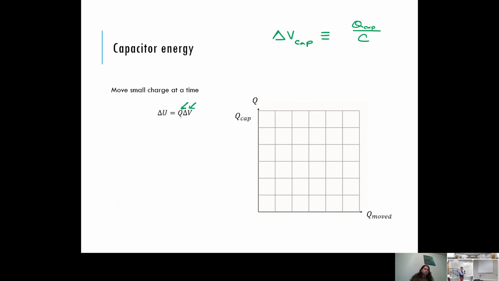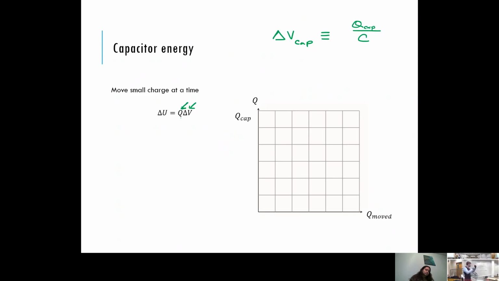Quick, how do I create the electric field in the first place for the capacitor? Difference in electric potential. How do I generate the difference in electric potential? I separate the positive and negative charges to create the potential difference, or to create the electric field between the plates.